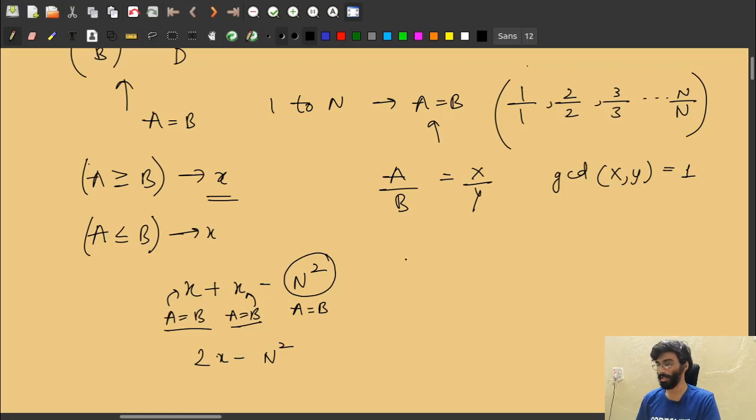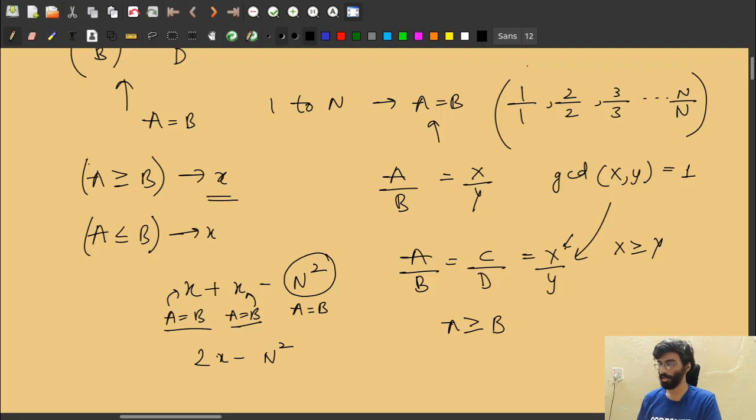Therefore we have to find a/b equals c/d equals x/y, where GCD of x and y is 1, and x is greater than or equal to y because a is greater than or equal to b. Now we have to find the number of fractions x/y where x and y lie between 1 and n.